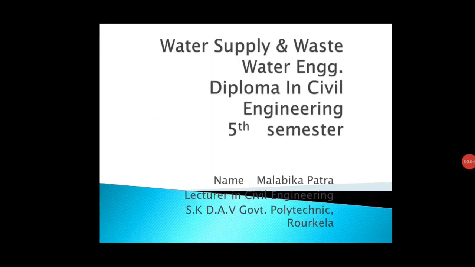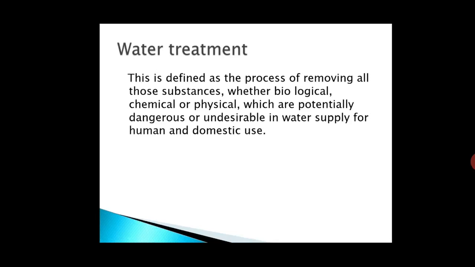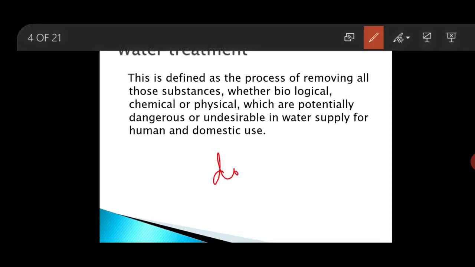Today we are going to discuss the purification of water supplies. As you know, the available raw water must be treated and purified before it can be supplied to the general public for their domestic, industrial or any other uses.